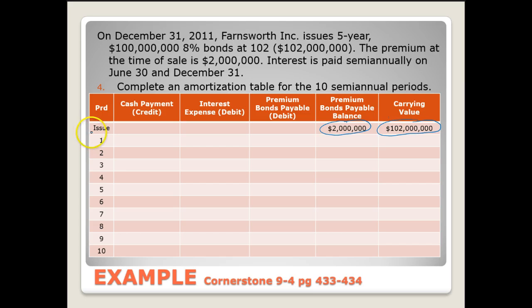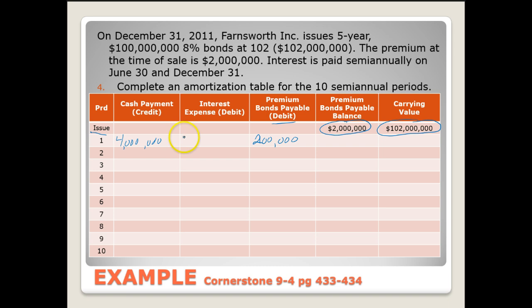That's at issuance. Now, in that first interest payment period, we said that the total amount of interest paid to the bondholders is $4 million. The total amount of premium that was amortized, which is a debit, by the way, is $200,000.